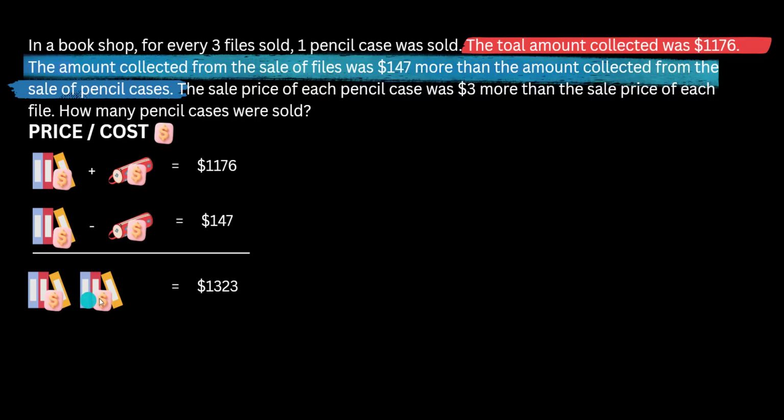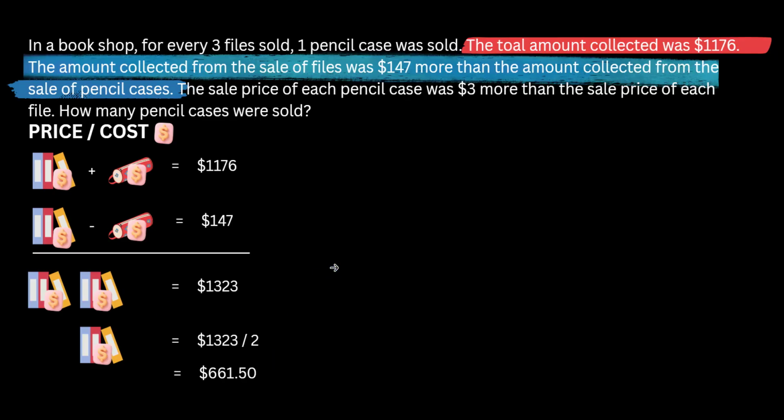So 2 times the amount of money collected from the sale of files is equal to 1323, which again helps us find the amount of money collected from the sale of files. That is one group here. That is equal to 1323 divided by 2, which becomes $661.50.